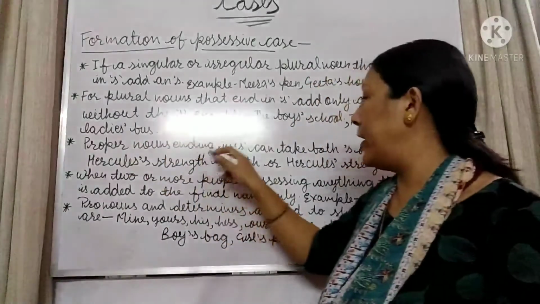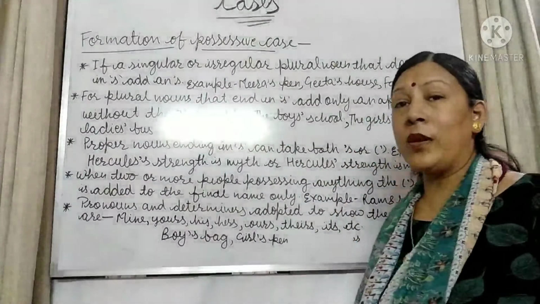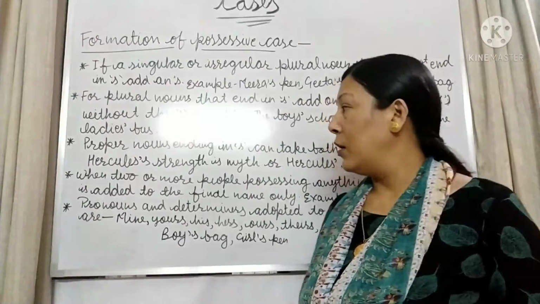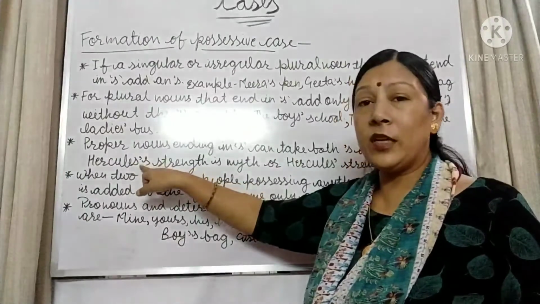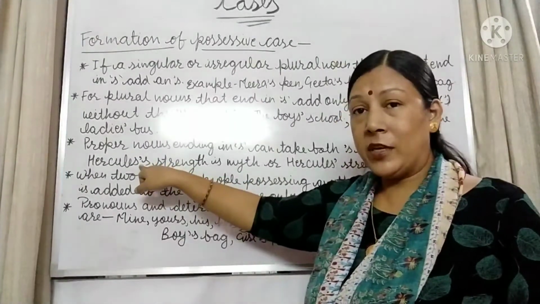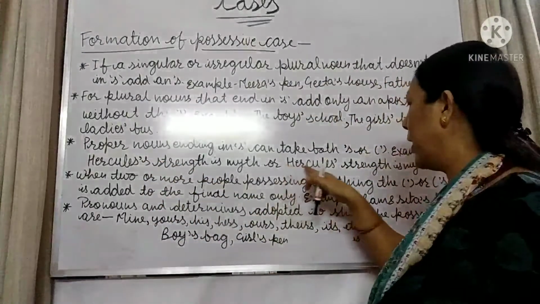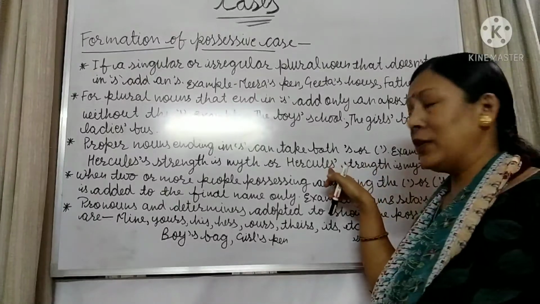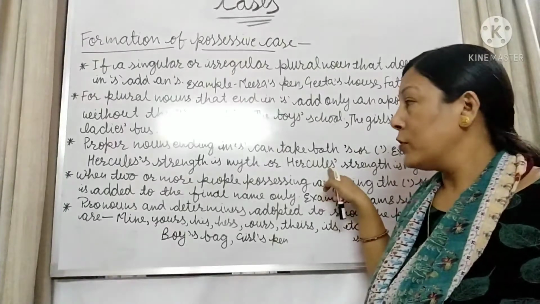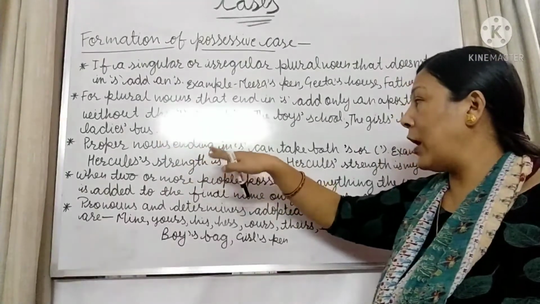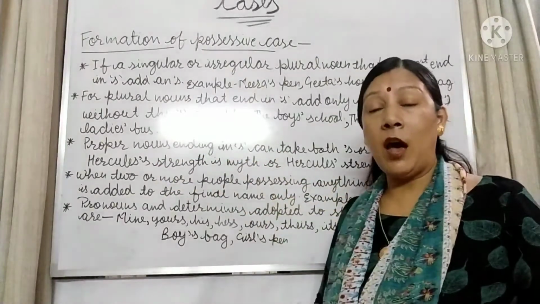Third, proper nouns ending in s can take both 's or just an apostrophe. Example: what are proper nouns? Hercules' strength is a myth. Here, for making the possessive of Hercules, we have written apostrophe s, or you can see Hercules' strength is a myth, where we have just written apostrophe. So with nouns that end with s, both cases are right.